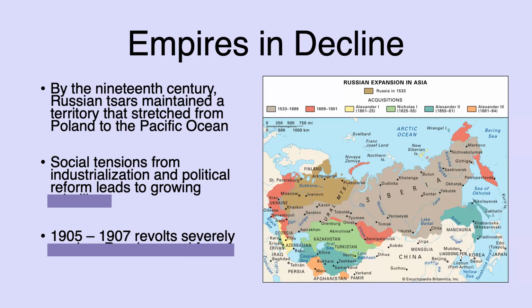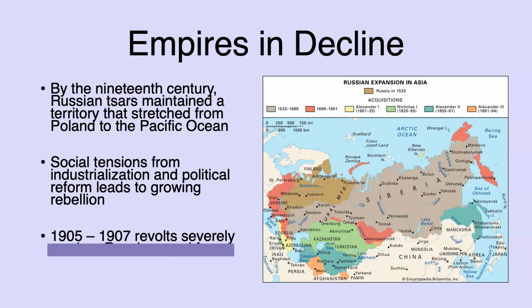Now, maintaining such a large amount of territory does not come without its problems. And particularly by the 19th century, social tensions from industrialization, remember that rise of socialism and new political reforms that focus on the working man, leads to growing rebellion and resentment of the Russian Tsar's unilateral rule.